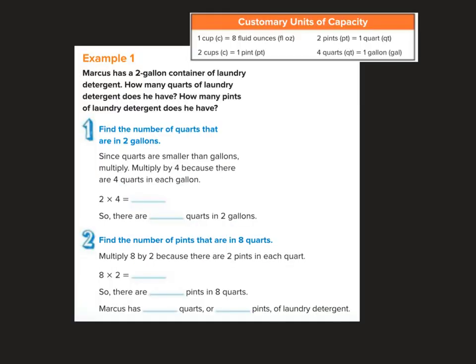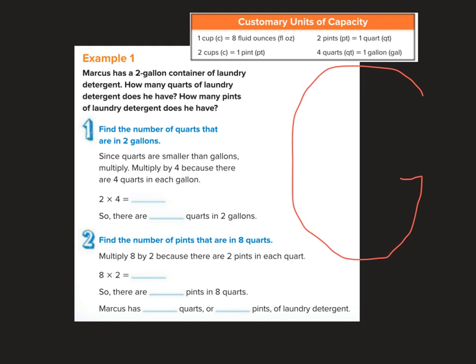Okay, so the first little guy here, Marcus, has a 2-gallon container of laundry detergent. How many quarts of laundry detergent does he have? How many pints does he have? Here's my little drawing. We have a gallon.